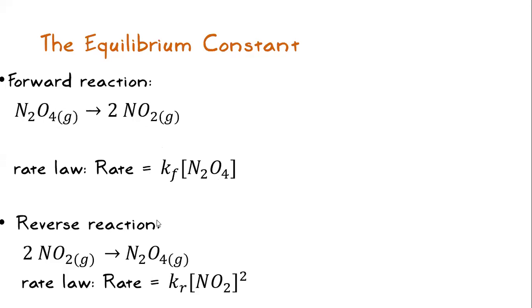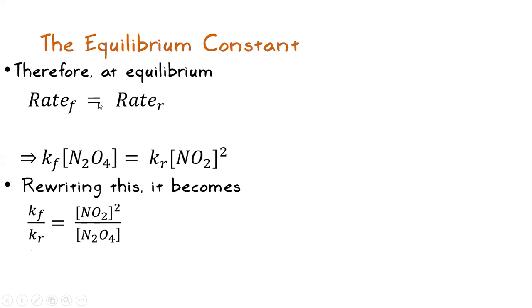Then with the reverse reaction, we are looking at how NO2 rather will be converted back to N2O4. So we have Kr, concentration of NO2, then raised to the power 2, because here there are 2 moles of NO2. So if here is 3, here will become raised to the power 3. So at equilibrium, the rate of forward reaction should be equal to the rate of reverse reaction.